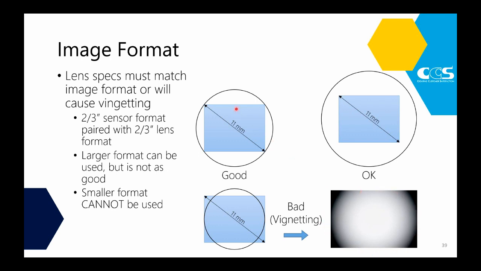You can use the same size, it's perfect. You can even go larger, but it's not as good, but you can't go smaller. And sometimes it's very subtle. Sometimes it doesn't really seem like vignetting, and it seems like it might be a lighting issue, but it still might be. So if you ever see darkness in the corner that you can't seem to get rid of, confirm the format of your lens matches the format of your sensor.